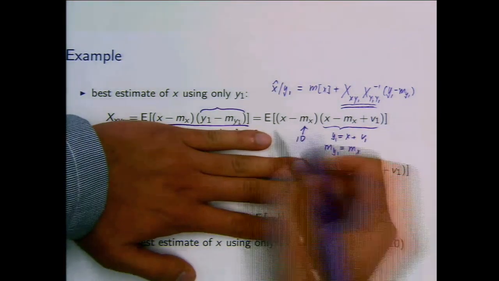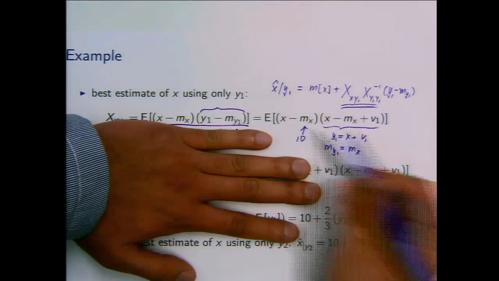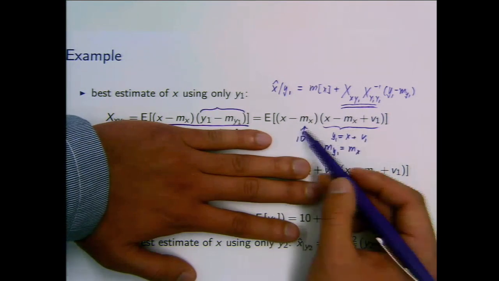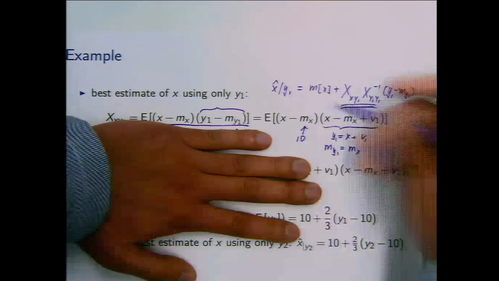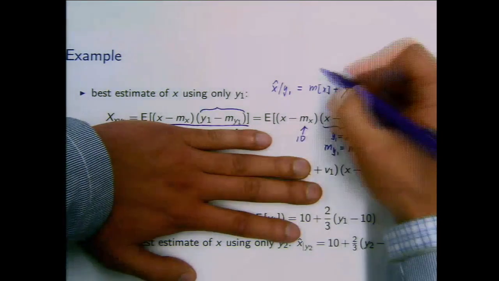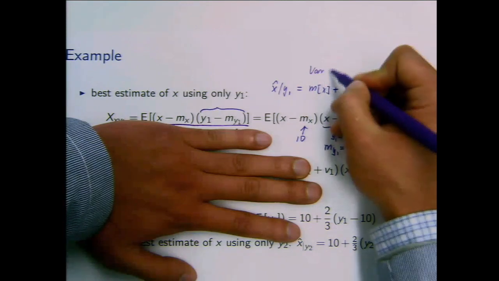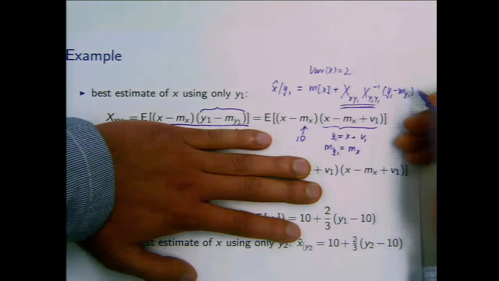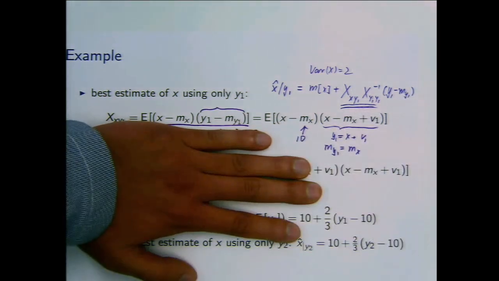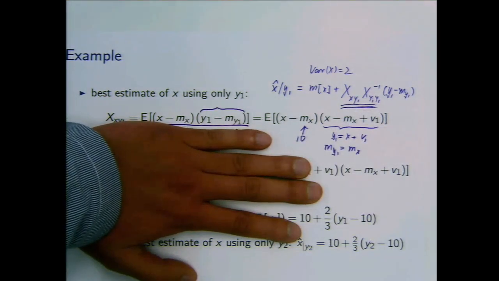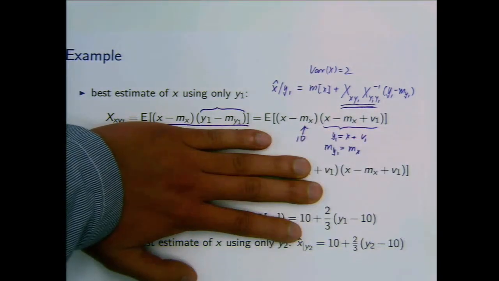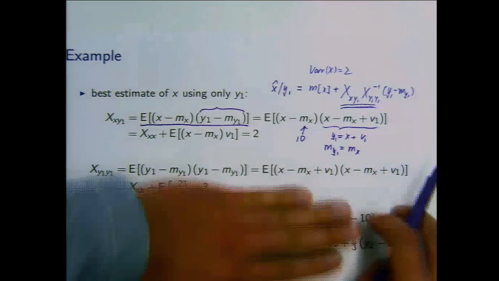From now on, I wish you to be able to directly, after you see this, tell me the value of this. If I tell you the variance of x is 2, and I tell you x and v1 are uncorrelated, what will this give me?